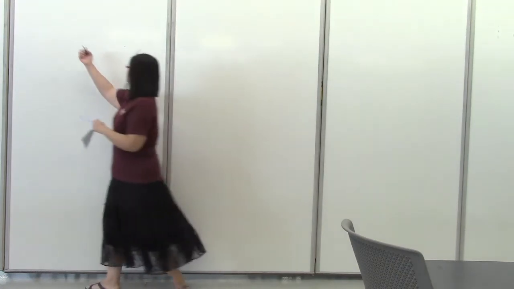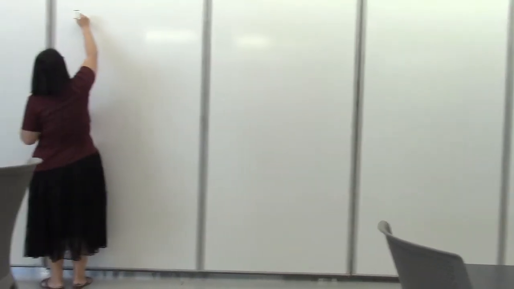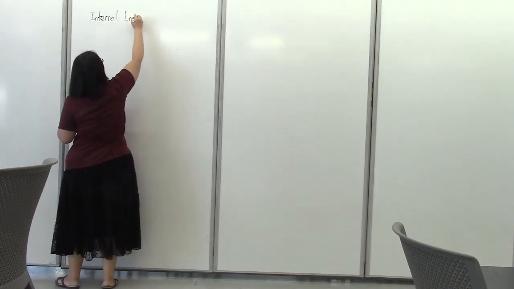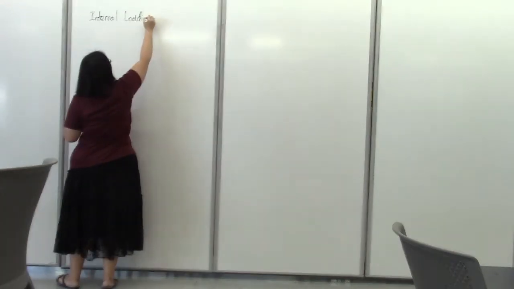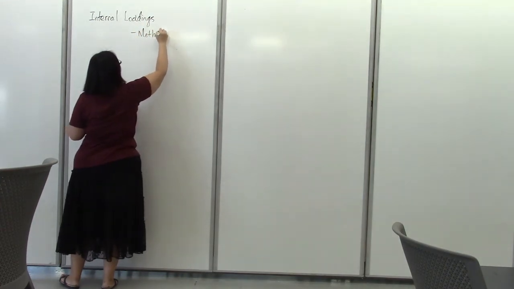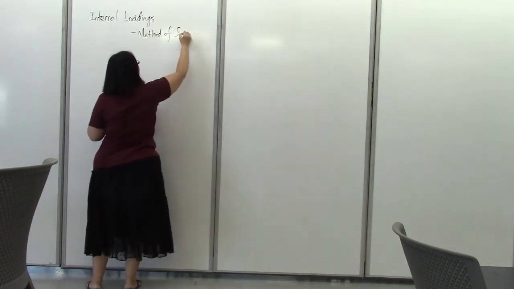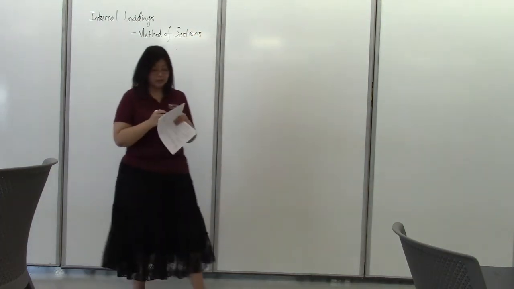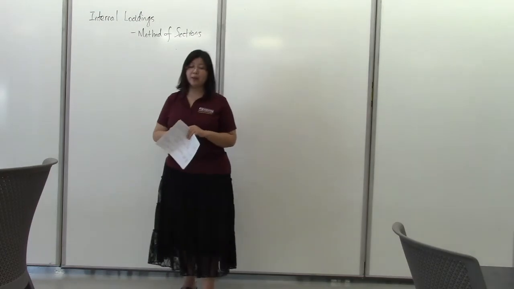And in general, we could use the method of sections to determine internal loadings. The method of sections is the most important method that we have introduced in this course this semester.